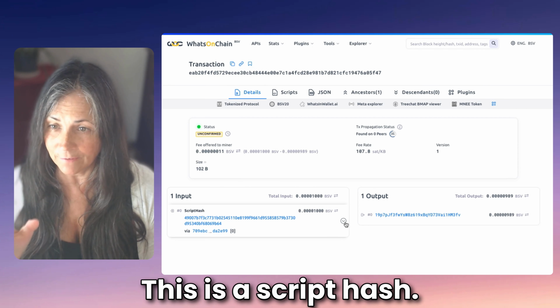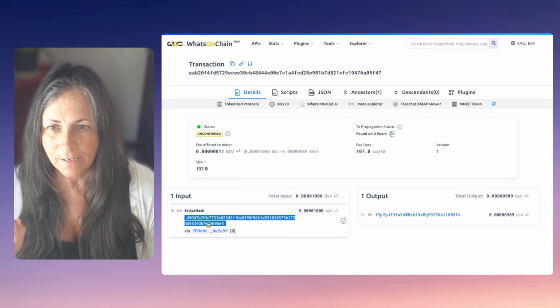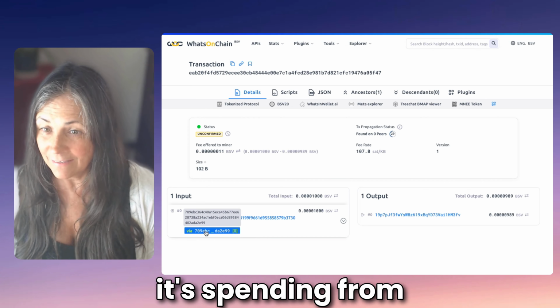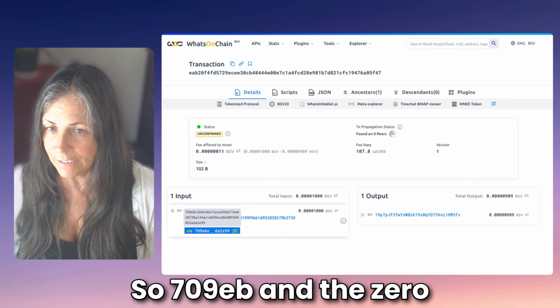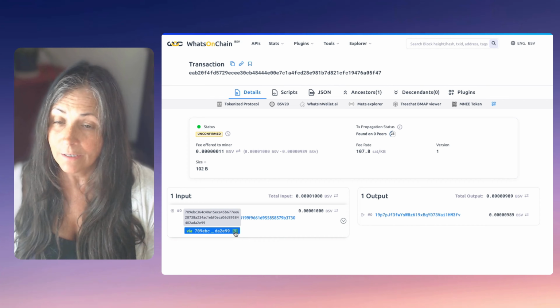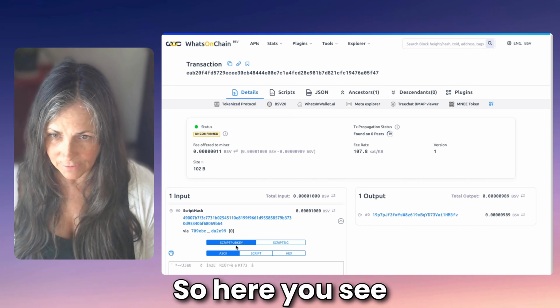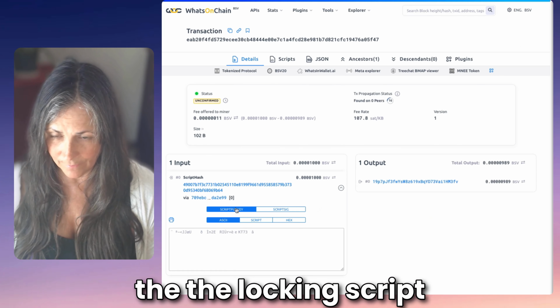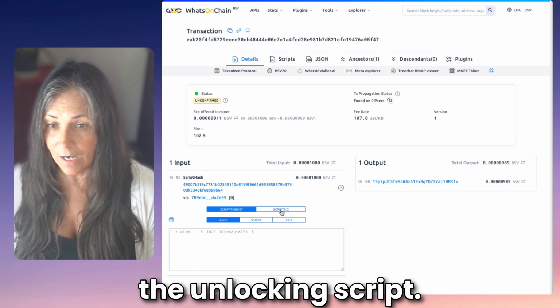So this is a script hash, so we're not looking at an address here. And it shows that it's spending from this transaction, so 709EB, and the 0 index for it. So here you see the locking script, and then you see the unlocking script.